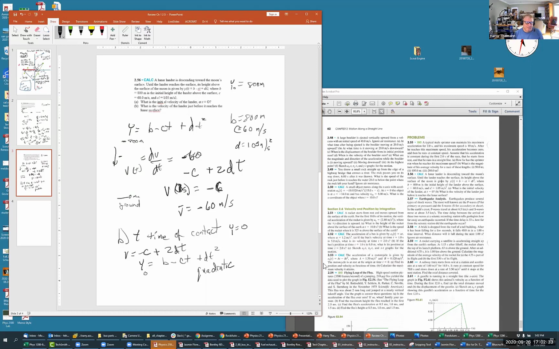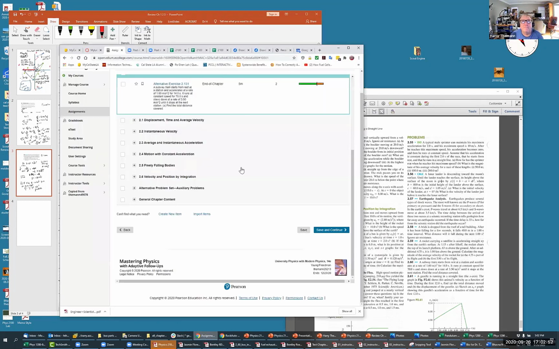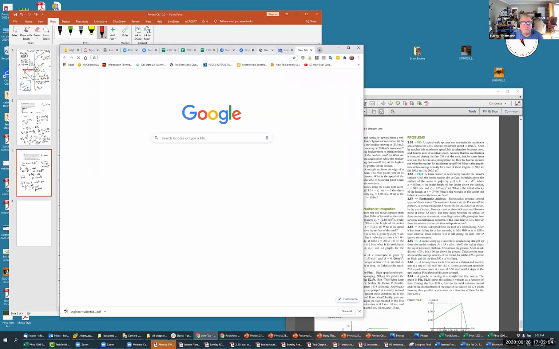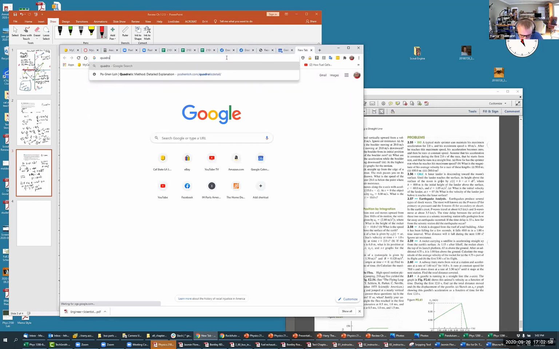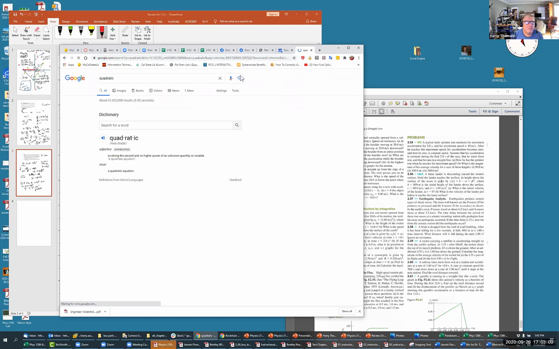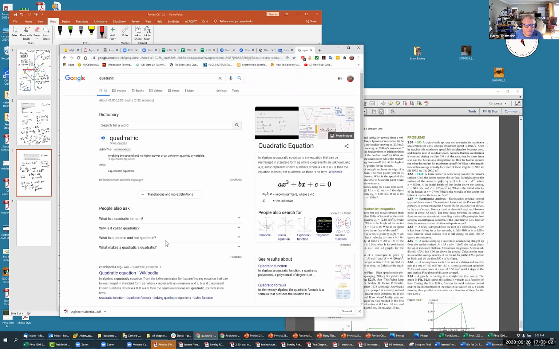So you can just simply plug this in, and then for the quadratic equation, this becomes A, this becomes B, and that becomes C, I think. We should make sure. Oh, I should have put down a quadratic.